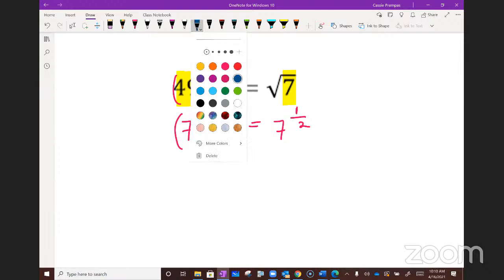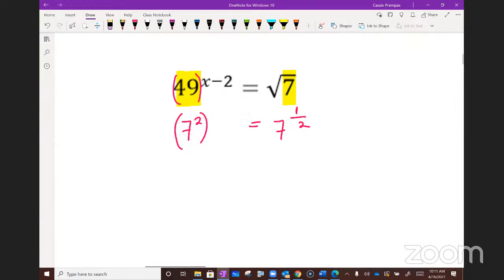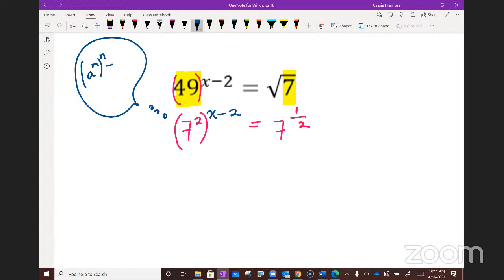And then I still have this being raised to the x minus 2 power. Now, in order to simplify this, I do need to recall a rule. So I'm going to do like a little thought bubble off to the side. When you take an exponent and raise it to an exponent, do you add, subtract, or, Liana? Don't you multiply? Multiply.